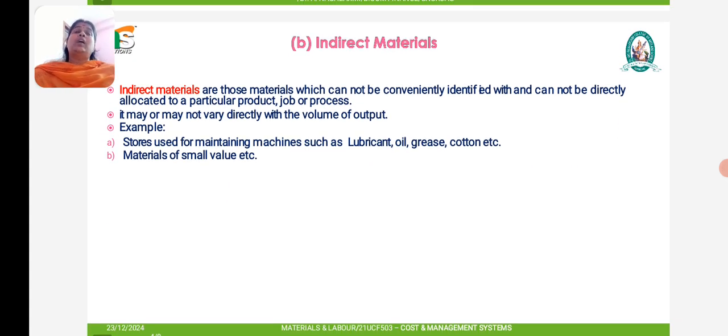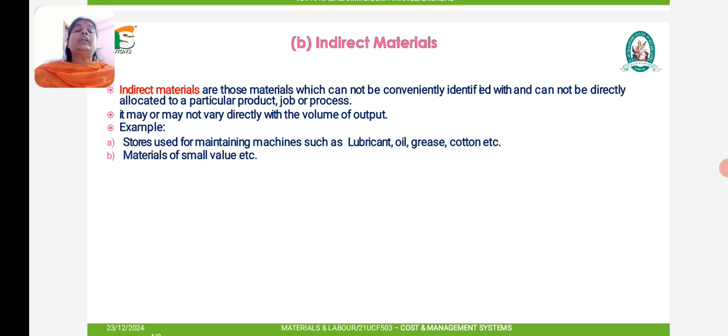Indirect material. What is indirect material? Indirect materials are those materials which cannot be conveniently identified with and cannot be directly allocated to a particular product, job or process. So those materials are not needed in any stage of production or in any stage of process of a particular product, and are said to be indirect material.